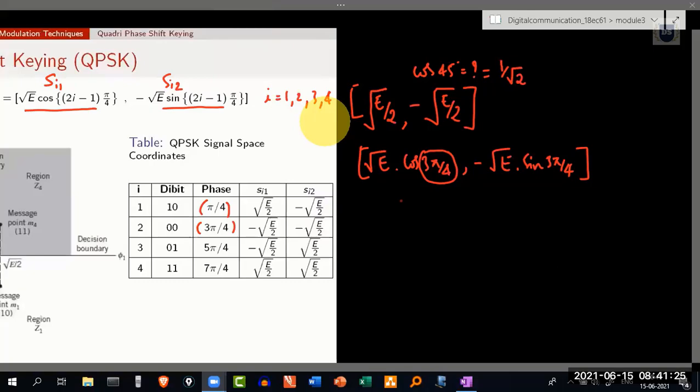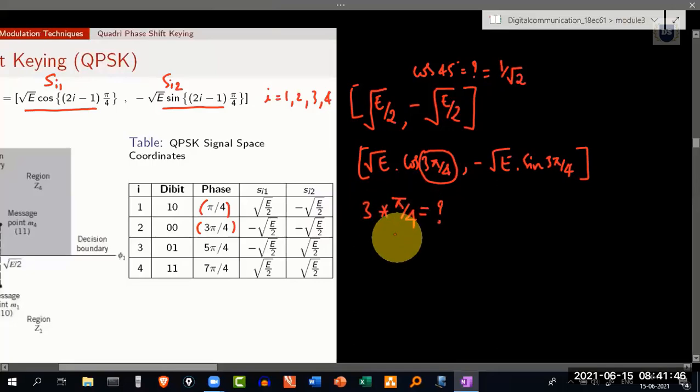Now just tell me what pi by 4 is equal to. Let me see if you are able to answer this. 45 degree. Yes, it's equal to 45 degree. Now try to multiply this 45 with 3.